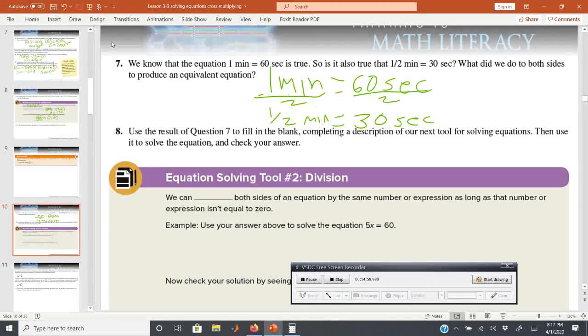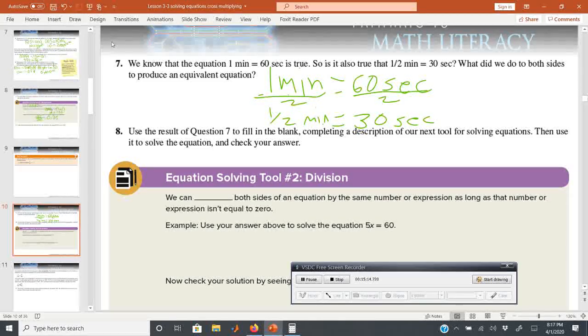Question 7, we know that the equation 1 minute equals 60 seconds is true. We also know that half a minute equals 30 seconds is true. What did we do to both sides of the equation to produce an equivalent equation?